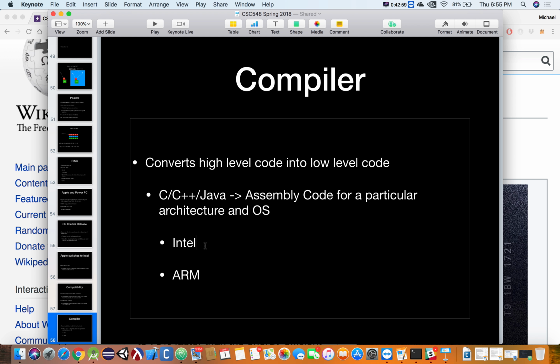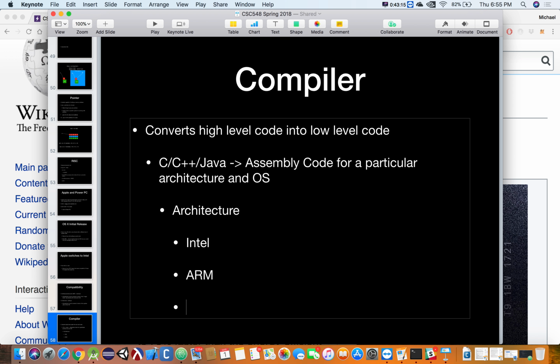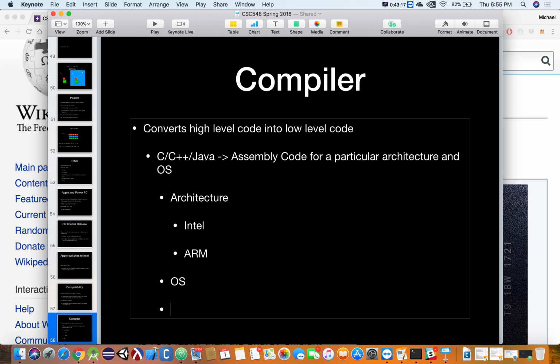So we're targeting Intel or ARM architecture, and then we're targeting also within that an OS. So if we call this architecture, put it like that, and then we're targeting OSs.